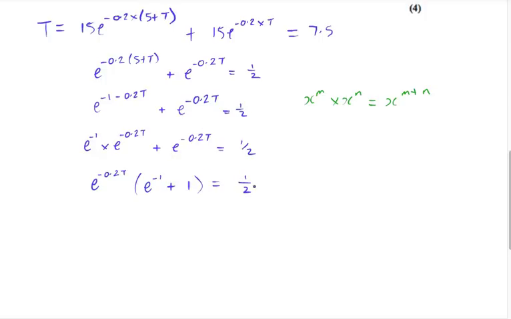We can divide by this whole bracket. So it will be 1 over 2 times this bracket. Taking the logs of both sides, so we'll have ln e to the minus 0.2t equals ln of this whole thing.